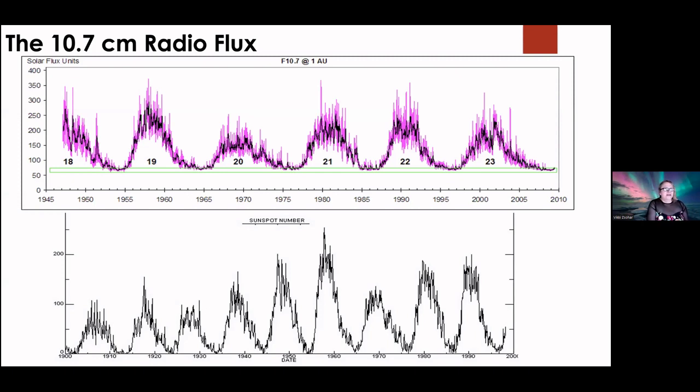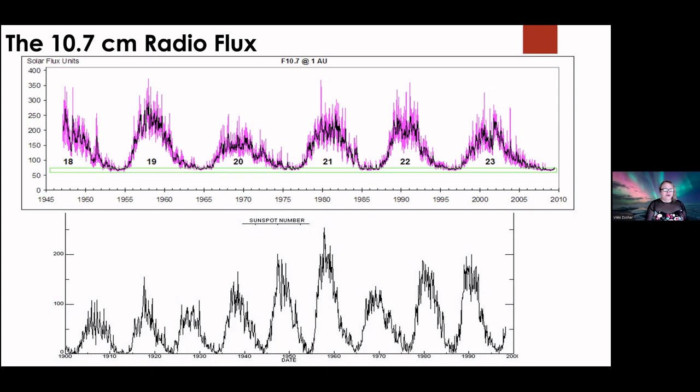So let's say at 1 astronomical unit away from the sun, at this 10.7 centimeter radio flux, you can see the purple and black diagram on the top, which shows the solar fluxes between 50 and about 350 flux units from 1945 to 2005.